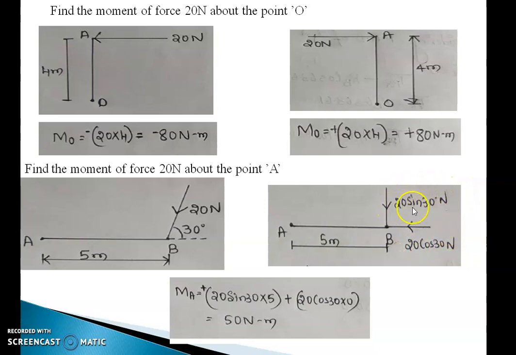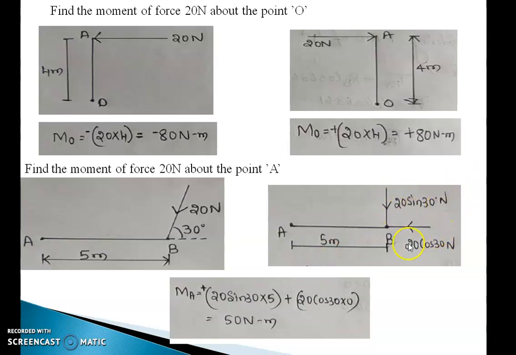Moment of 20 sin 30 about A: when force is vertical, I need the perpendicular horizontal distance between A and B. The horizontal difference between A and B is 5 meter. So 20 sin 30 into 5. Plus or minus about A is required; it will rotate in clockwise direction. Now 20 sin 30 job is completed. Just forget about 20 sin 30.